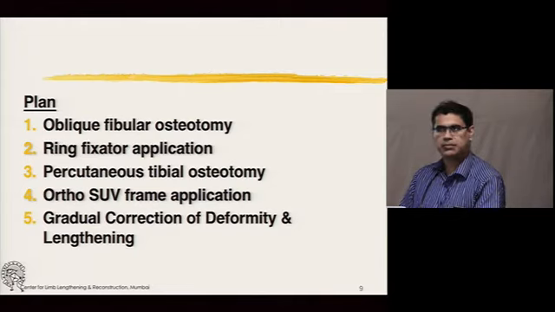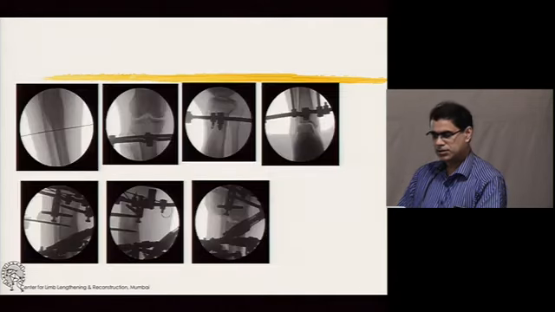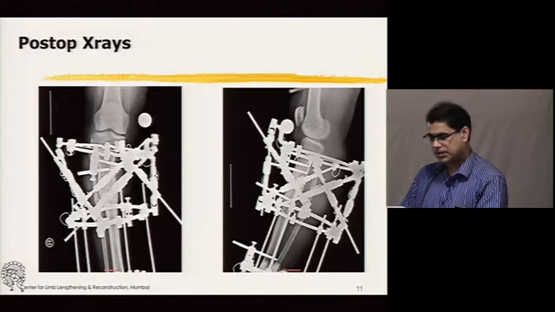We wanted to avoid the malunion area for the issue of healing, especially with the lengthening. So if any residual translation remains to be corrected, that Sixaxis device is easier to do the fine tuning for the correction. So these are the clinical pictures and post-op X-rays.